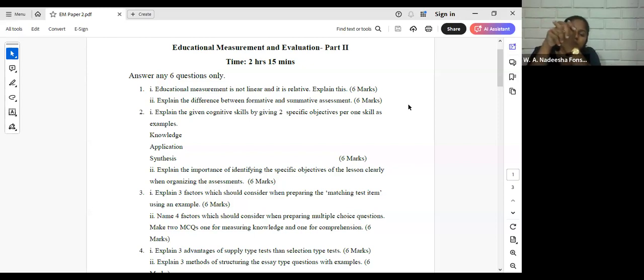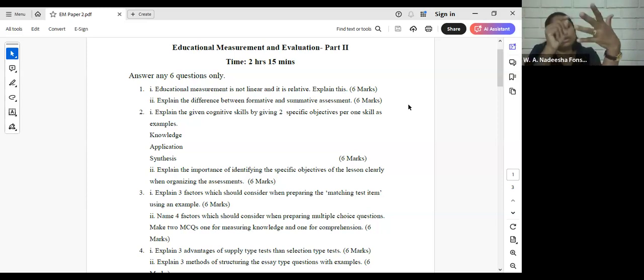We can't measure educational skills, cognitive, affective or psychomotor, directly. To do that, we have to give them a test. Using tests only, we can measure their skills. So the test is not a direct method to measure the skills.